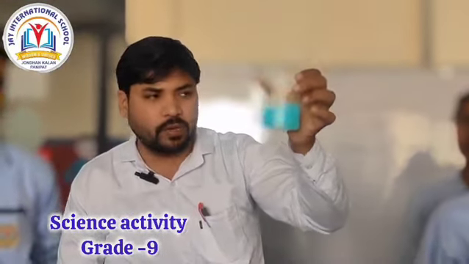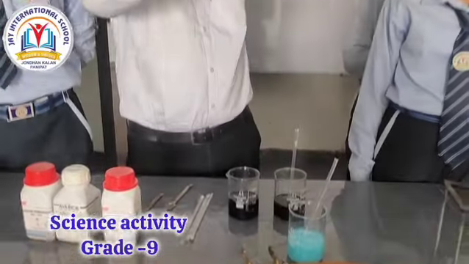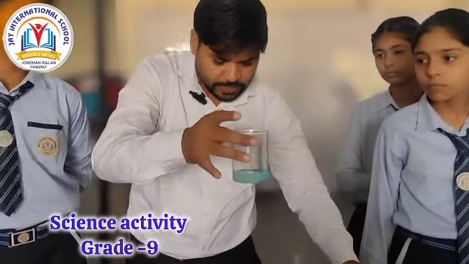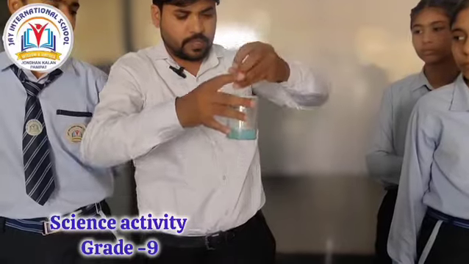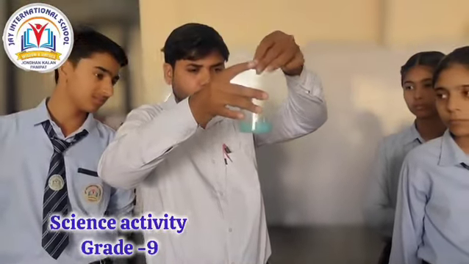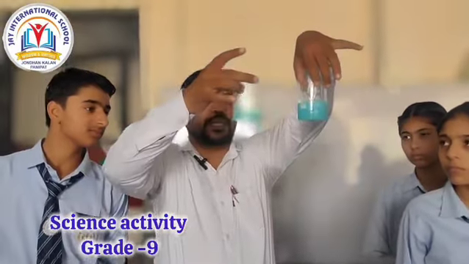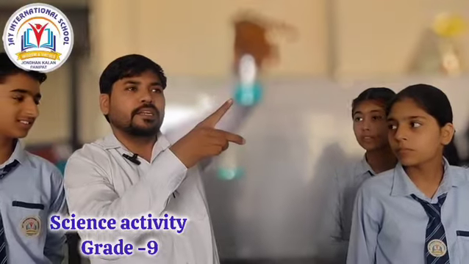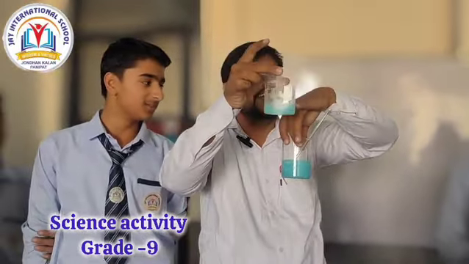Okay. And now, if I add some water in this beaker, what is the color of this solution also? Light blue. Is there a difference between this beaker and this beaker? Yes, in color. This one is the lightest blue.